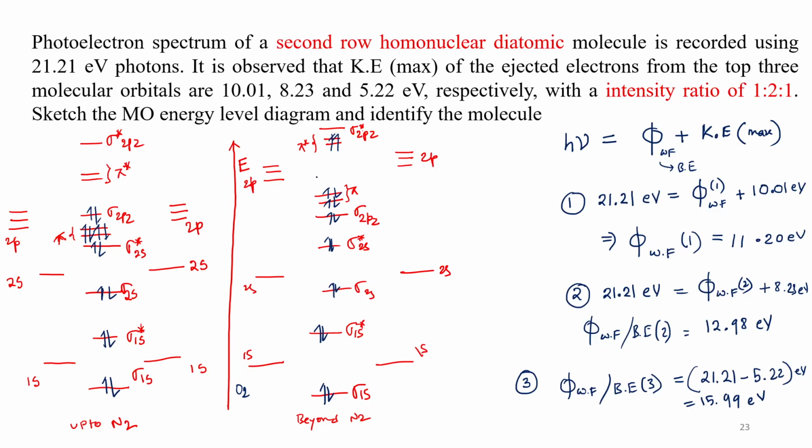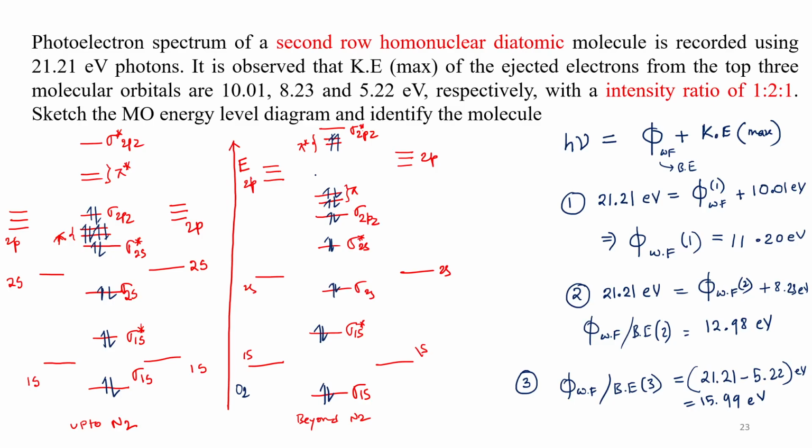So the sigma star is not filled in the case of oxygen. If we go to fluorine, fluorine is 18, two more electrons, so we would have filled the pi star. So that is 4.